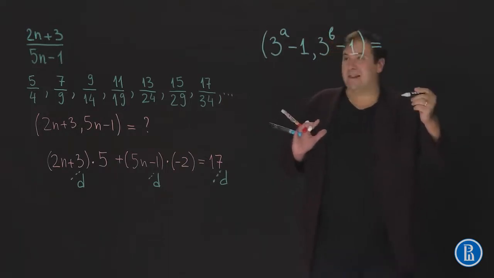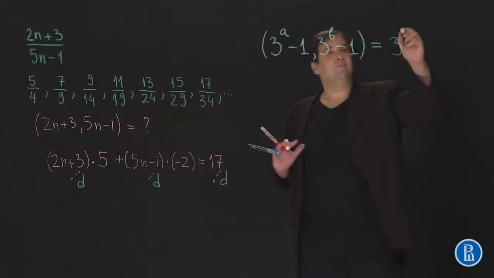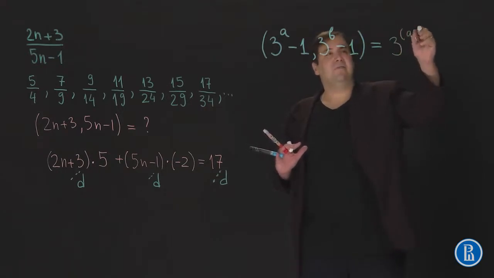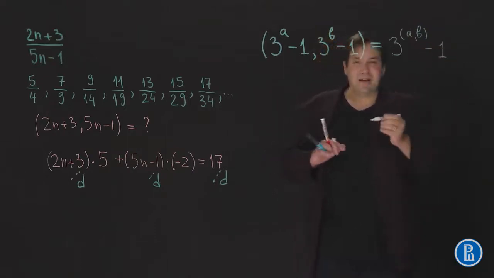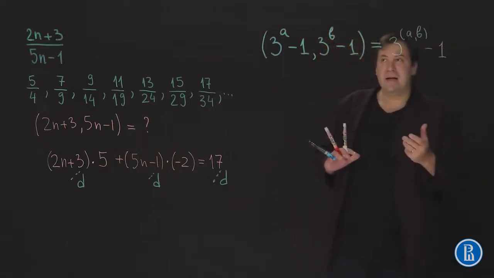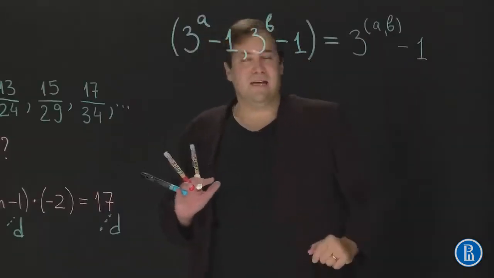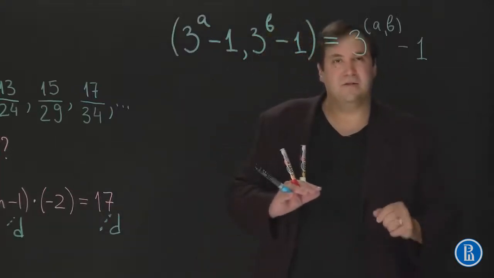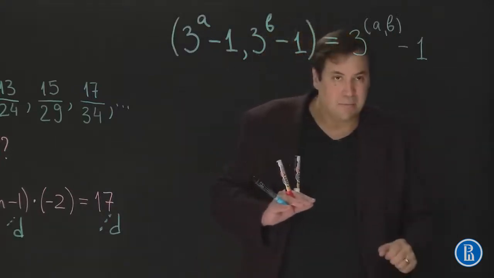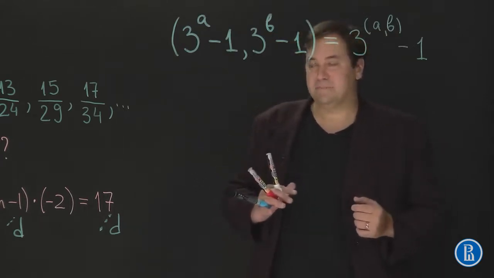It appears that the GCD is equal to 3 to the power of GCD of a and b, minus 1. So the number of the same form, where the powers a and b give their GCD to the GCD of the big numbers. So let's try to explain this.